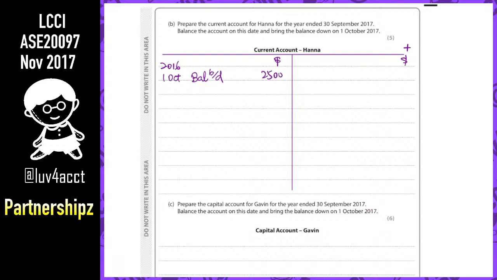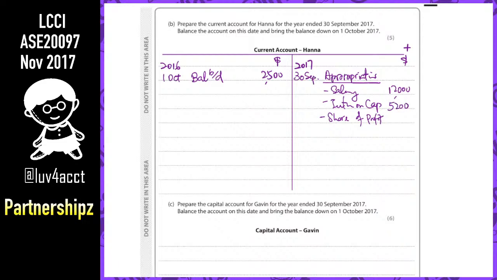2,500 here. During the year, on year 2017, 30th of September, we have in the appropriation account 3 items of appropriations. One is salary, then we have interest on capital, and we also have share of profit, being 12,000, then 5,200, and then 14,800.